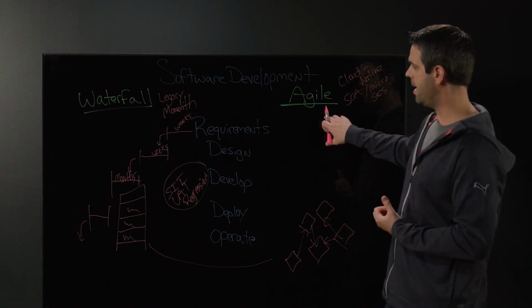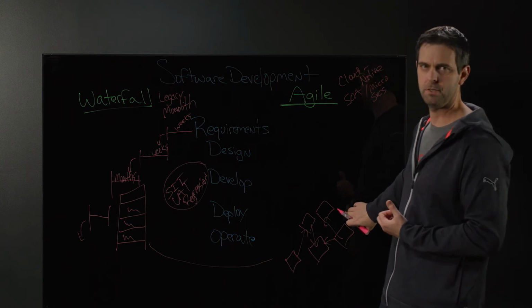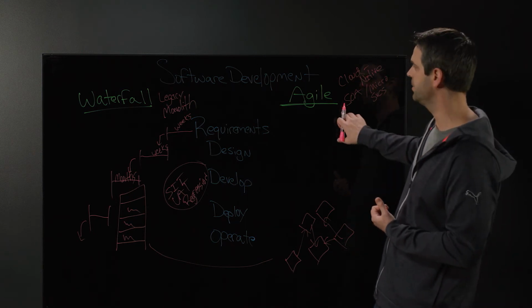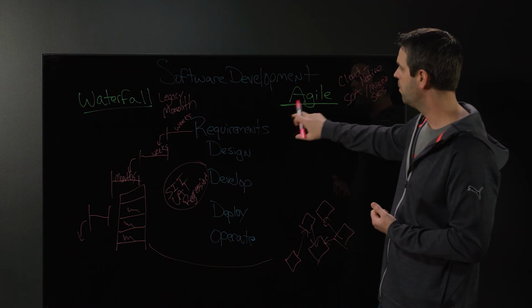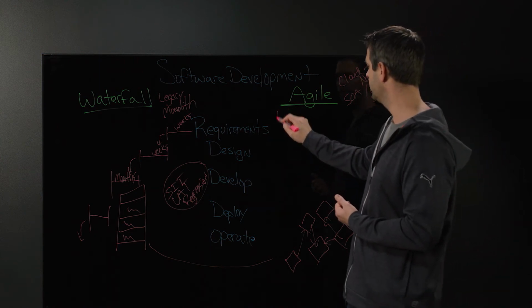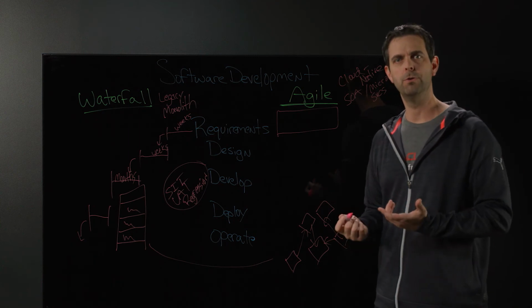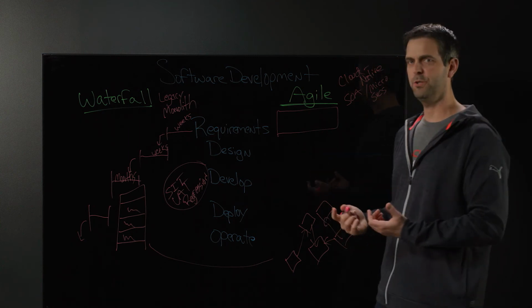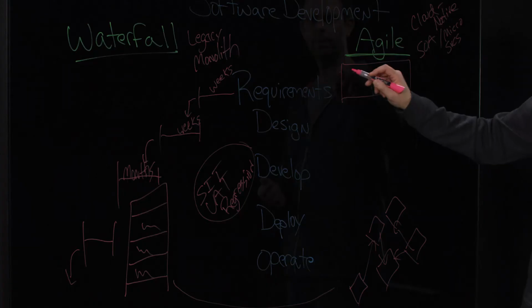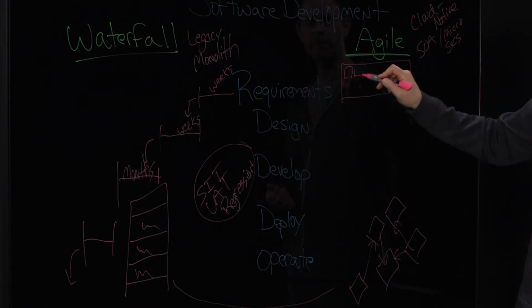So taking that microservices style architecture and applying it to the Agile software development approach, we're still going to gather requirements, but we're going to do this in a slightly different, slightly more iterative approach. We want to get as much information as we can to start the project. And we're going to capture those requirements in what we call our backlog, or our parking lot.